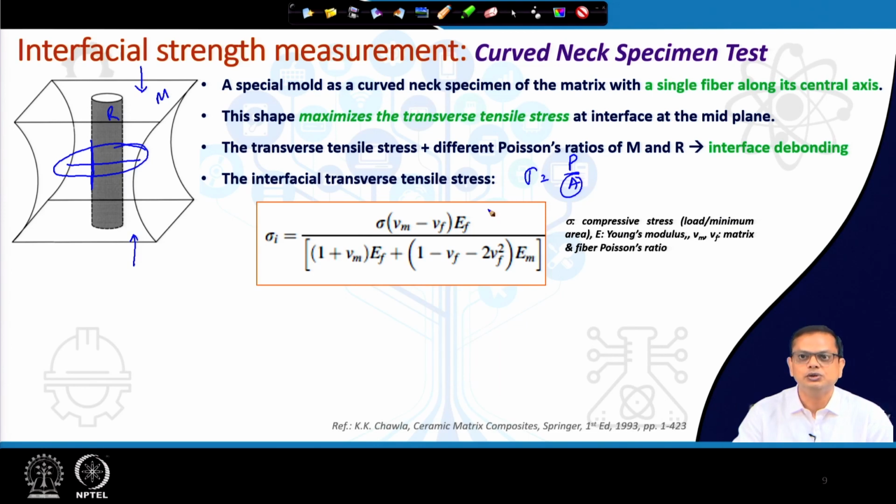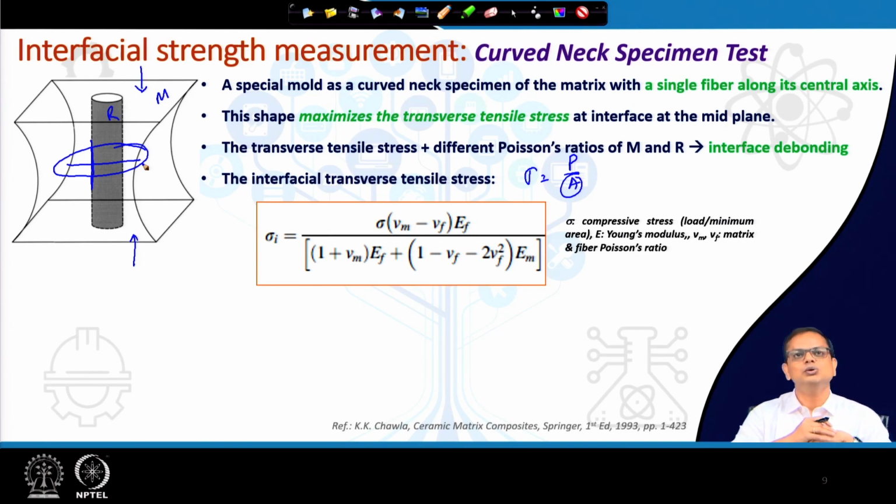Now, the important factor here is why I said earlier that it is basically used for polymers: here you need to know where exactly the failure is, when exactly the delamination is taking place, at what load the delamination is taking place.